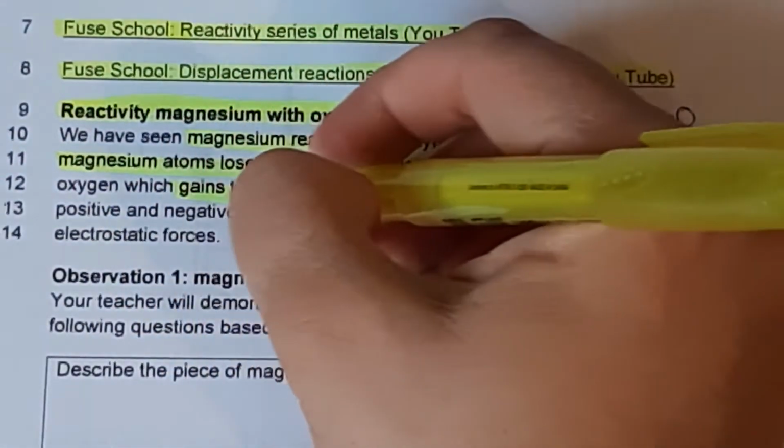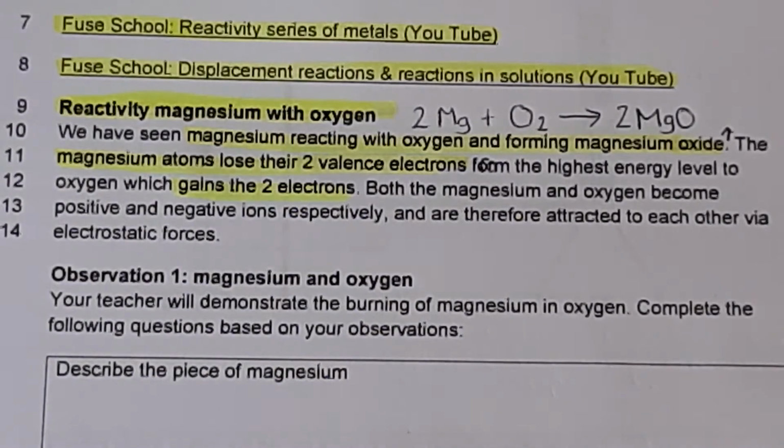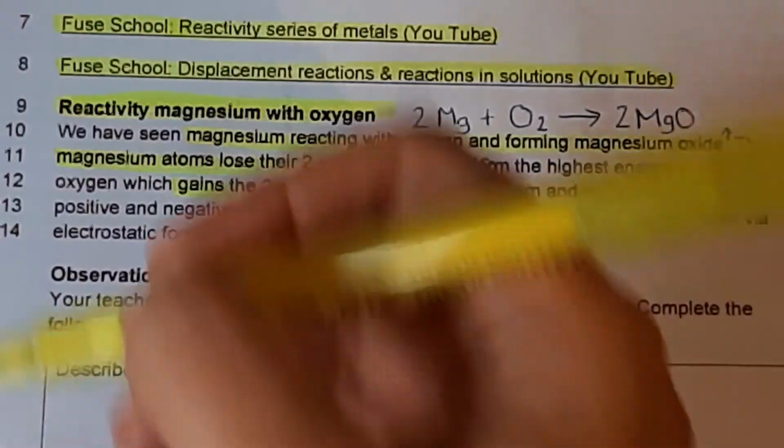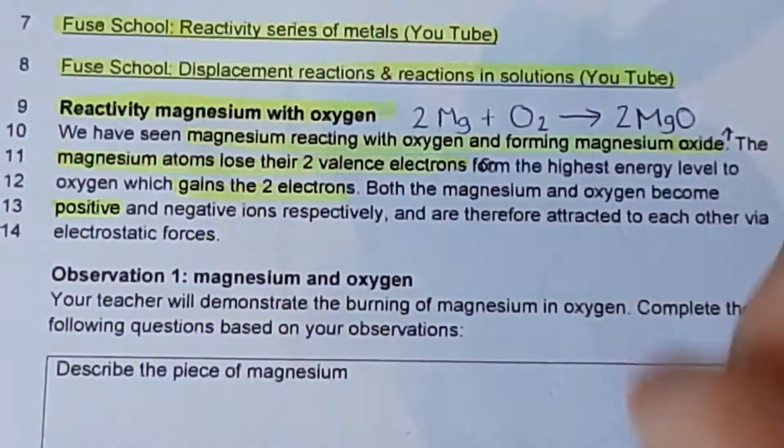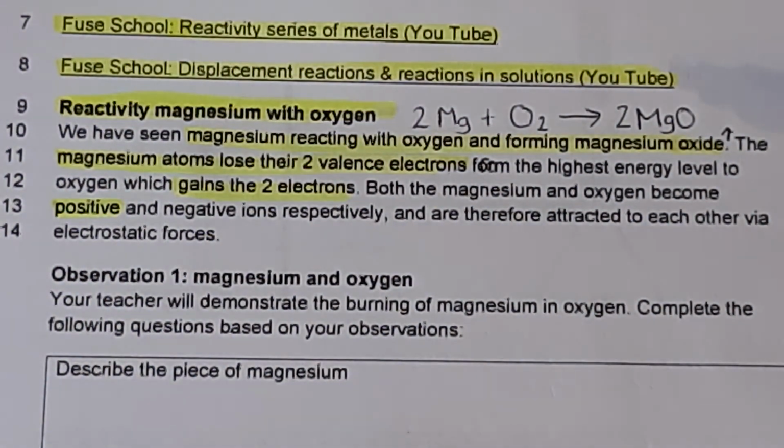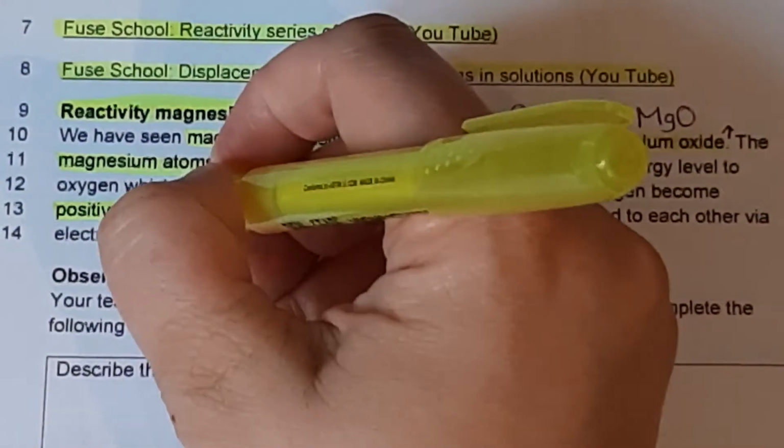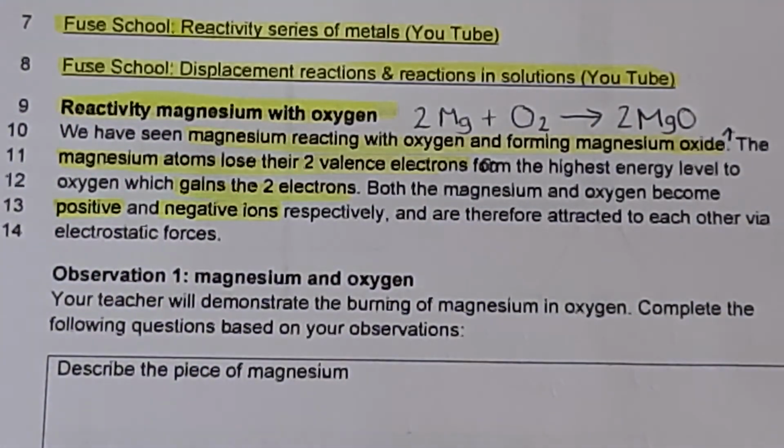So those electrons are donated from the magnesium to the oxygen. Now both the magnesium and oxygen become positive and negative ions respectively. So the positive ion is magnesium because it's lost its negatively charged electrons. The negative ion is oxygen because it's gained 2 extra electrons.